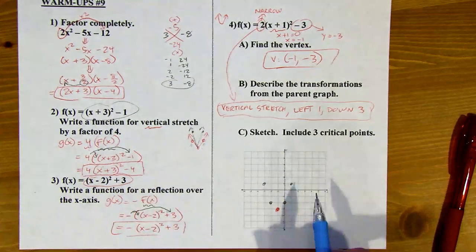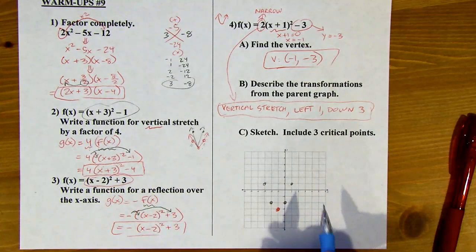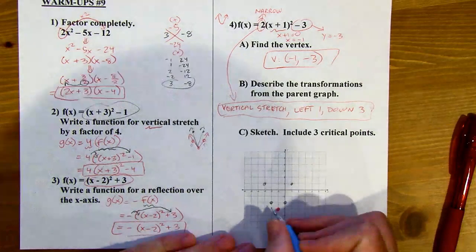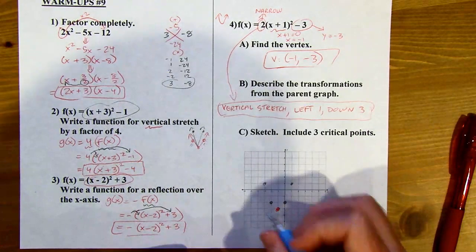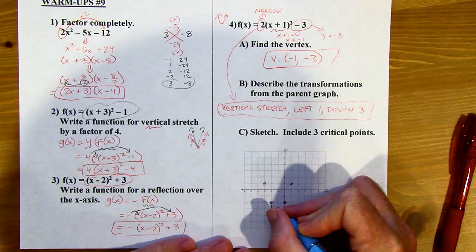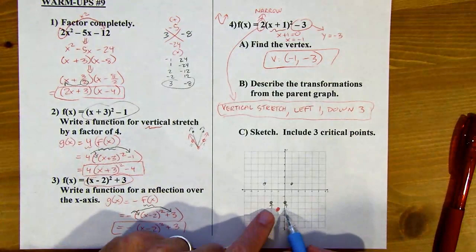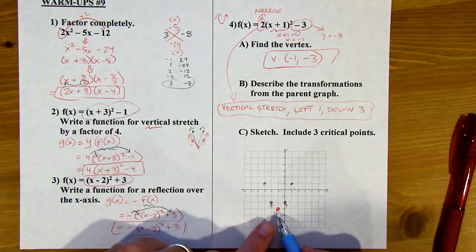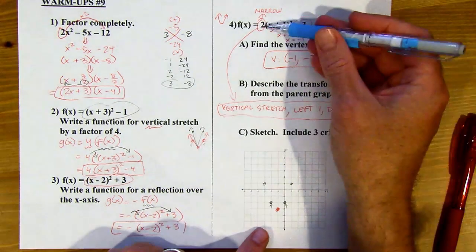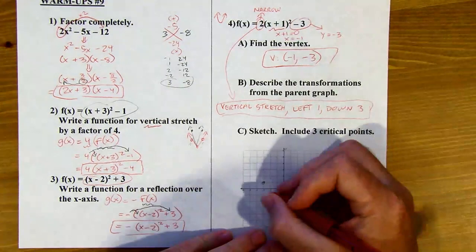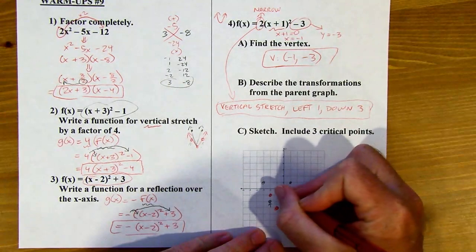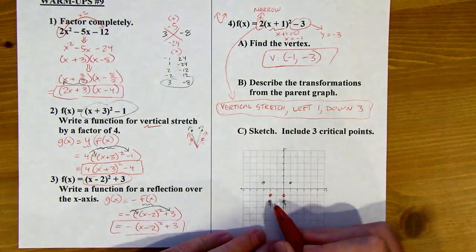So with no vertical stretch, that's what it would look like. But before we draw anything in, let's actually do the vertical stretch. So vertical stretch means I'm going to take these points and move them all up. So looking at these first 2 points, I can see those are both 1 unit above the vertex. So I'm going to double that since my factor is 2, okay? So those 2 points then would be 2 units above the vertex now, okay?